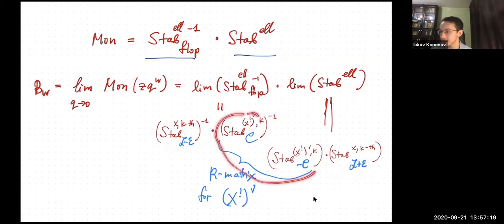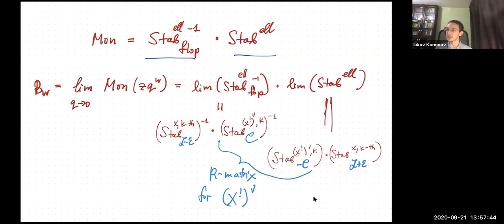So the middle part here is the operator written in the basis of stable envelopes. And it coincides with the R matrix for zero slope of the fixed subvariety of the dual variety.